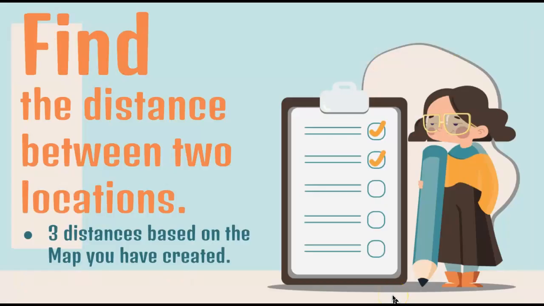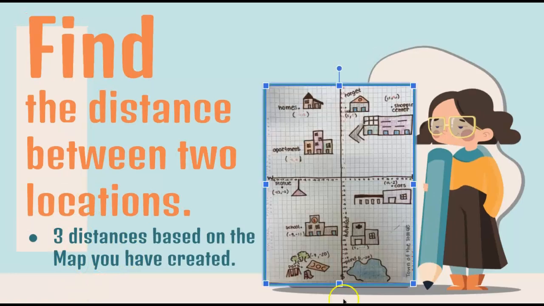For all the students that I have, you're going to find the distance between two locations in the map that we created the other day. So this is one of the maps that you guys have created. You're going to find the distance between these points, but this time you're going to use the distance formula.